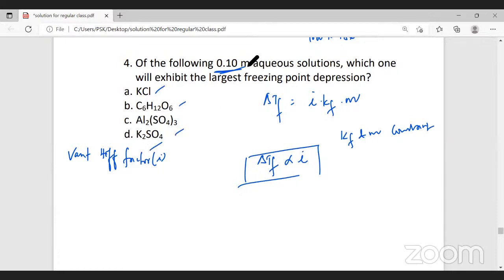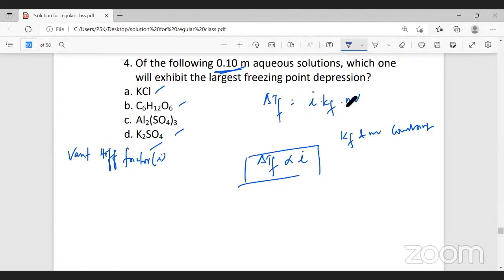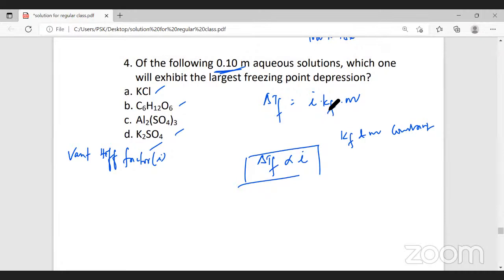Since the concentration is given and is constant for all four substances, Kf is a constant and molality is also constant. Therefore, we can write delta Tf is proportional to i, the Van 't Hoff factor. Freezing point depression is a colligative property, so the more the number of particles, the more the decrease in freezing point.